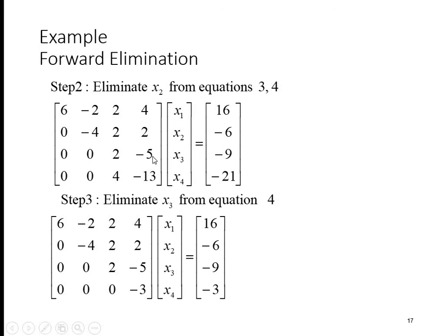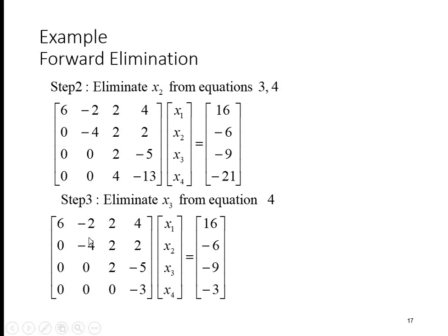Minus 2 times minus 5, positive 10, minus 13, this will give you a minus 3. And then this one, minus 2 times 9, 18, minus 21, this will give you minus 3. So that's how we eliminate x3 from equation 4.